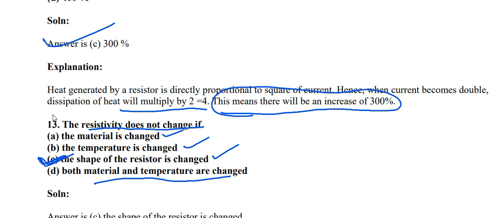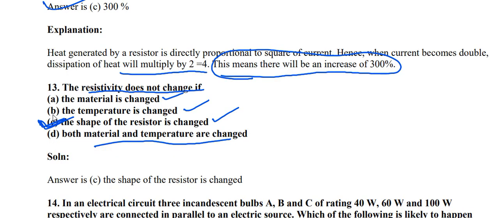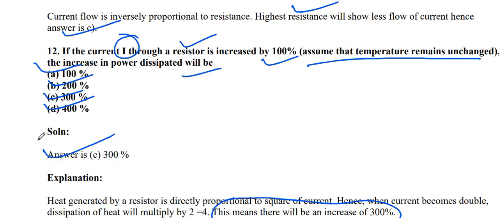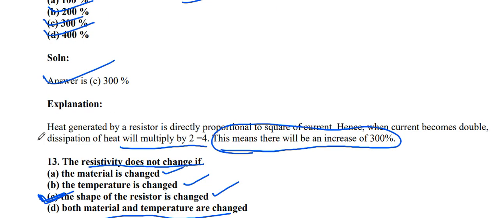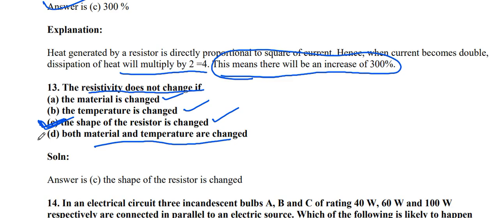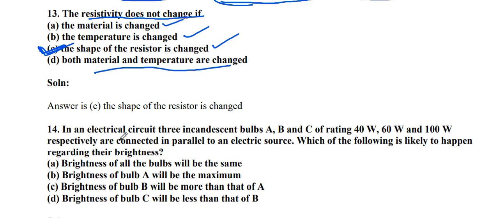It does not affect resistivity. See, the shape of resistor is changed. Right? Resistivity does not change if the shape of resistor is changed. It is a very important question. I think that it will be asked.